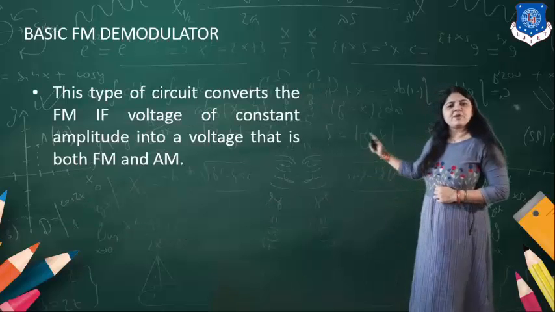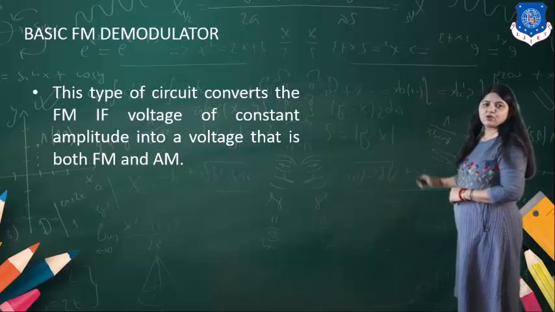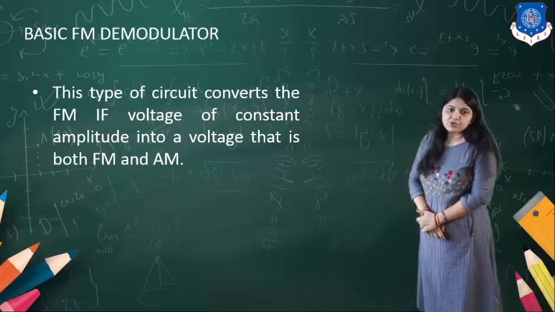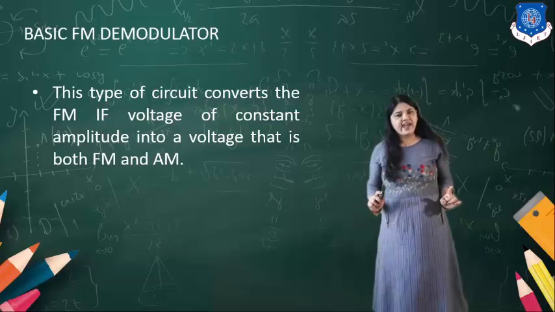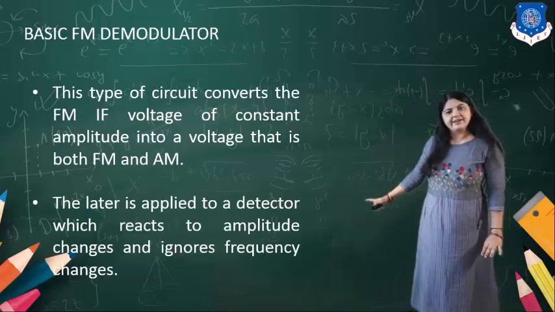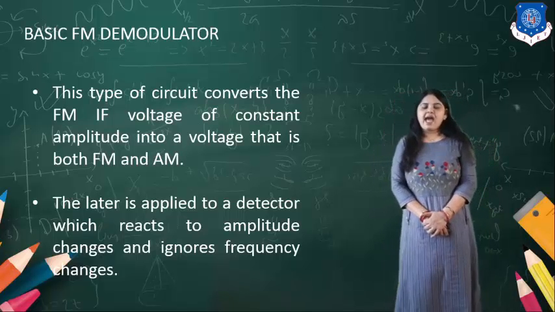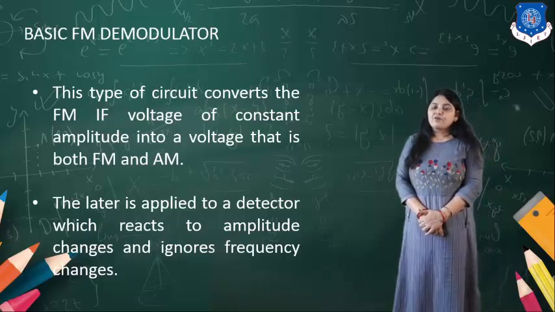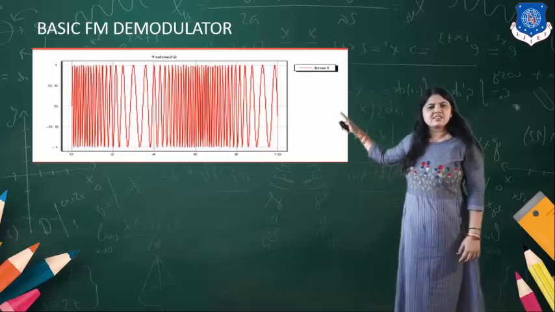So this type of circuit converts the FM-IF voltage of constant amplitude into a voltage that is both FM and AM, and later it is applied to the detector, which reacts to amplitude changes and ignores the frequency changes. So this is the diagram.